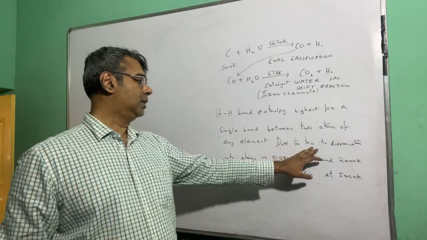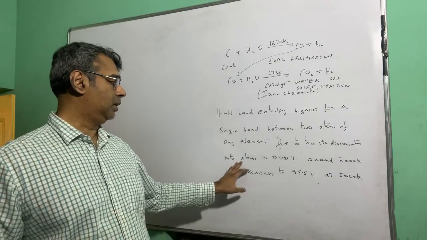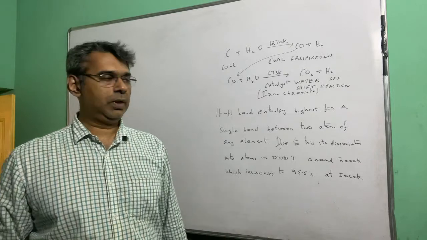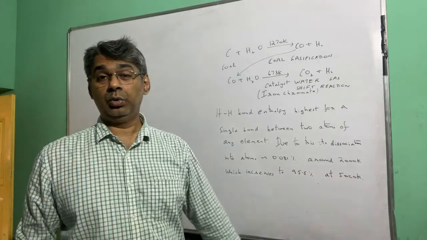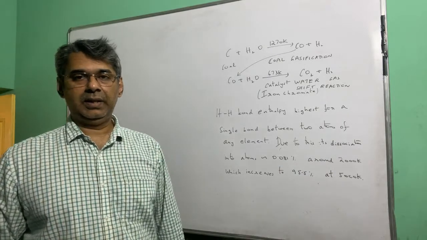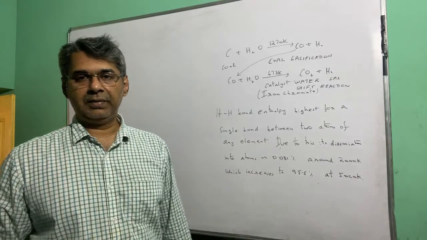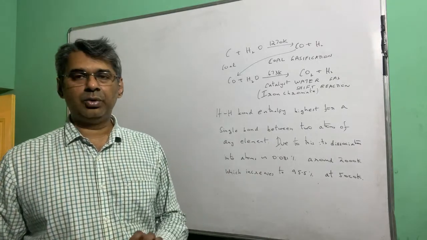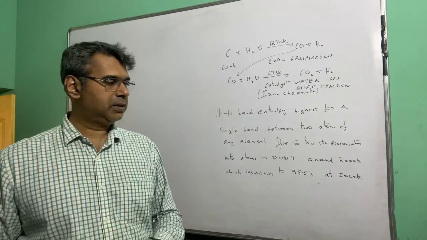Due to the very high hydrogen-hydrogen bond enthalpy, the dissociation of hydrogen into atoms is only about 0.081% at 2000 Kelvin. But at a very high temperature like 5000 Kelvin, it's about 95.5%. 5000 Kelvin is way too high, so we don't normally operate at these temperatures.